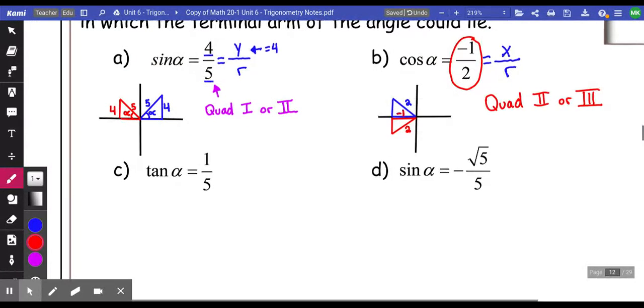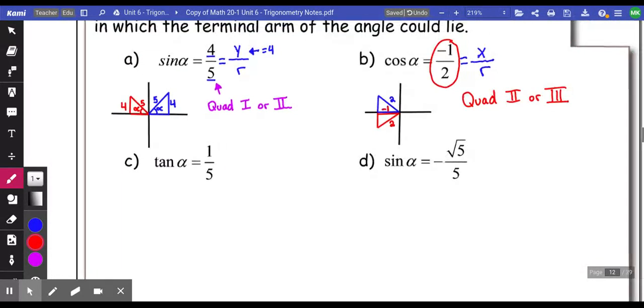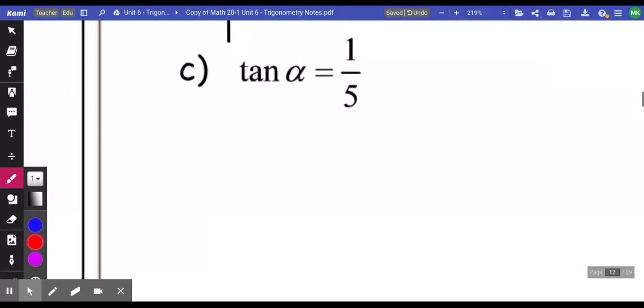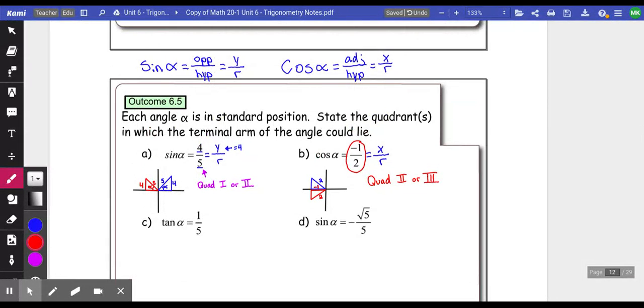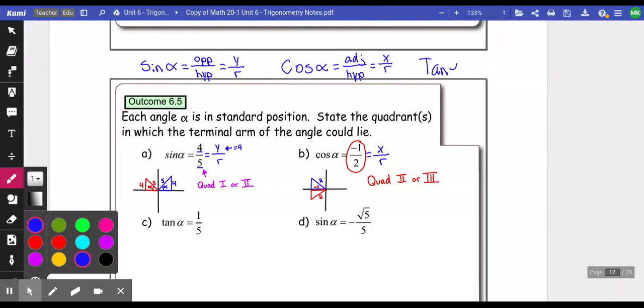Let's look over here at C. For C, we have tan equals 1 over 5. We know from yesterday, I'll write it up here, that tan of an angle equals opposite over adjacent.